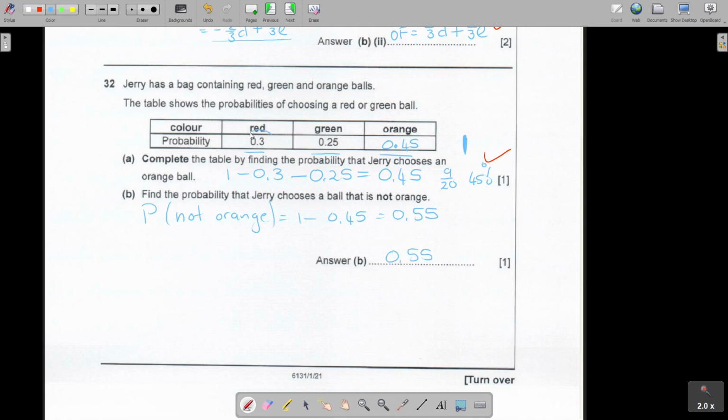If you say this plus this, you would also get 0.55. Getting the correct answer is what matters, but they also accepted 55% and 11 out of 20 as correct.